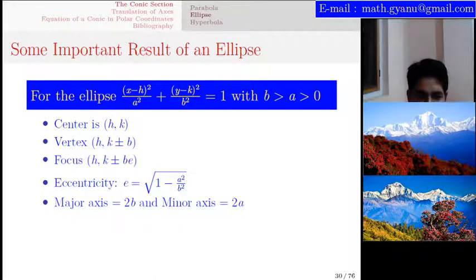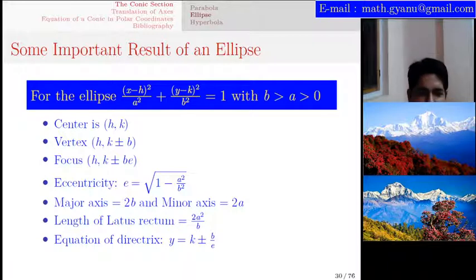The major axis length will be 2b and the length of the minor axis will be 2a, and the length of the latus rectum is given by 2 times a square divided by b. And the equation of directrix is y equal to k plus minus b by e. Note that an ellipse has two directrices, so we write positive and negative. You only have to remember these results and apply them while solving problems.